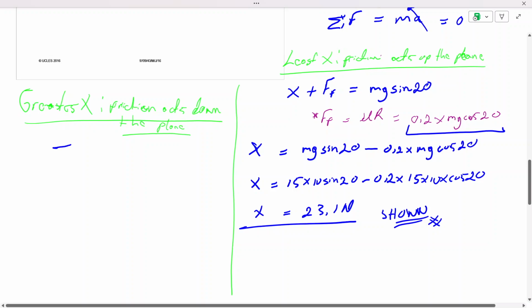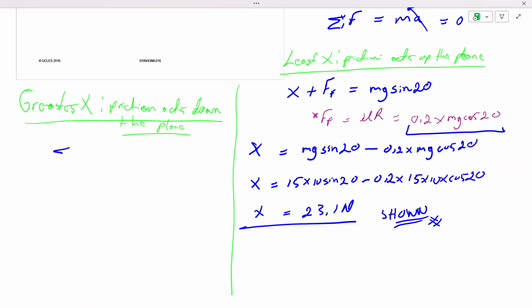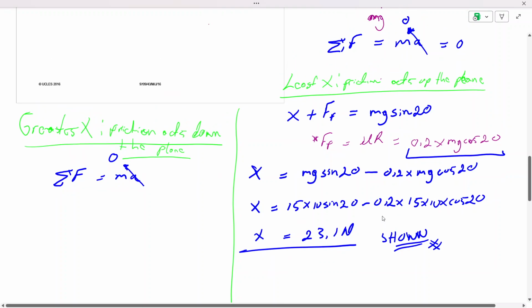Okay, so using the same formula, Newton's second law, F equals ma, which is equal to 0 in this case. So there's no acceleration, there's absolutely no movement. Therefore, the forces are balanced.